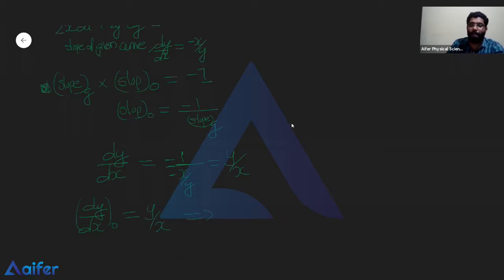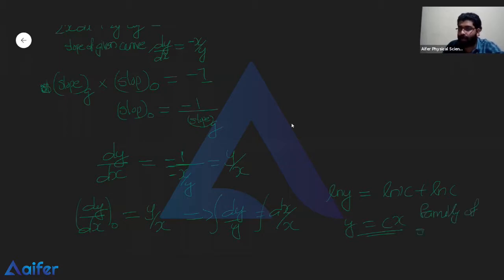So you get dy by y equal to dx by x. So upon integration, you get ln y equal to ln x plus ln c. So y equals cx, which means a family of straight lines, right?